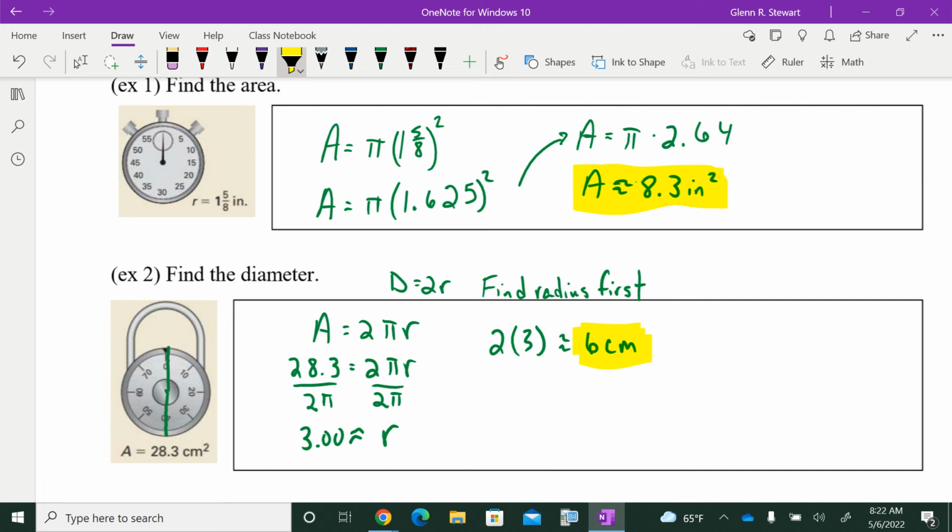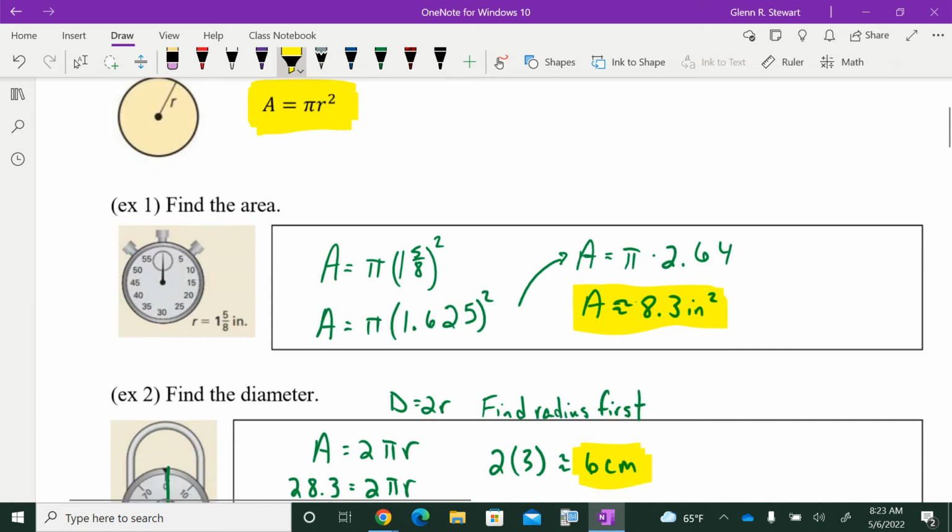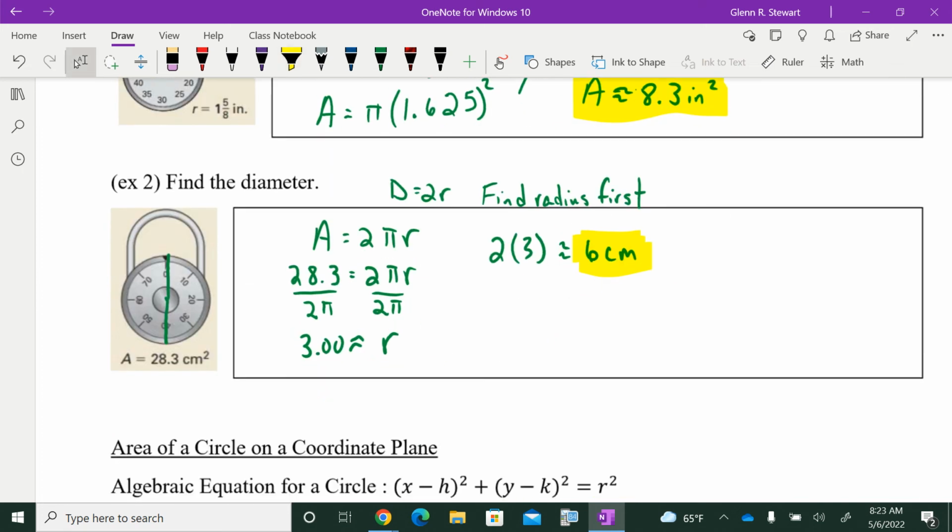Questions so far? Yeah. Why do we use area equals 2 pi r instead of area equals pi r squared? You know what? I did mess that up. You're absolutely right. I owe you a sticker. I was thinking about circumference. Sorry, guys. My math was right, though, except for this. I apologize, I'm getting ahead of myself. This should be pi r squared. So we have to divide by pi.